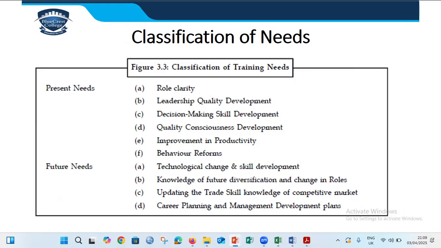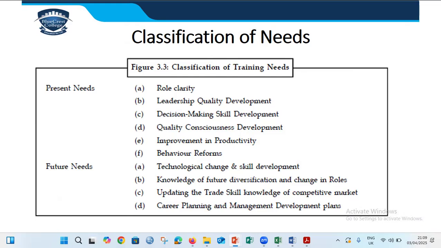So from the needs that you identify after analyzing your data, you realize that some of the needs can be classified as present needs, and some can be classified as future needs. Some of the present needs that you will identify as gaps are role clarity, clarity of the role that employees are performing, leadership quality development, decision-making skill development, or quality consciousness development.